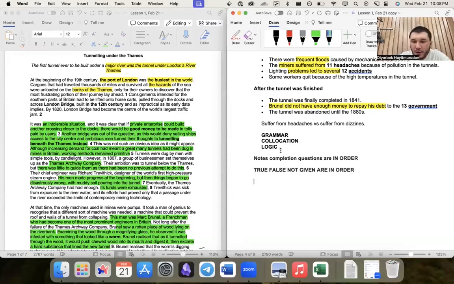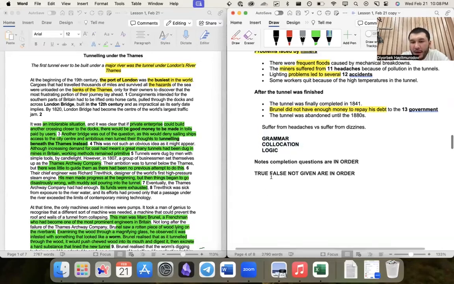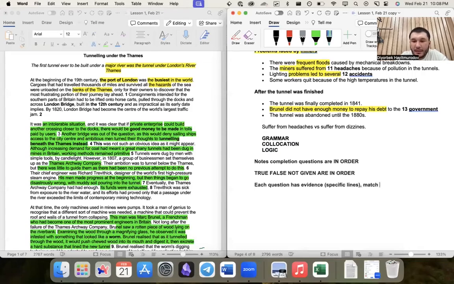Then with notes completion questions, you are finding a key detail, so keep grammar, logic, collocation in mind. Then each question has evidence, meaning specific lines in a text. You need to find those lines and then match the paraphrase. The next thing you do, you make a paraphrase table.